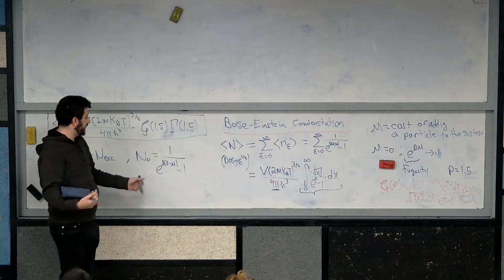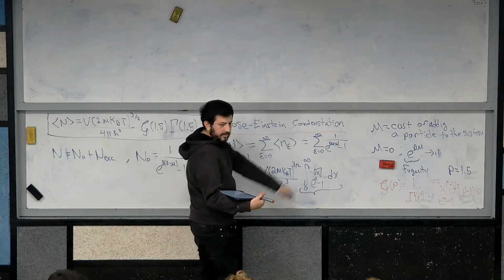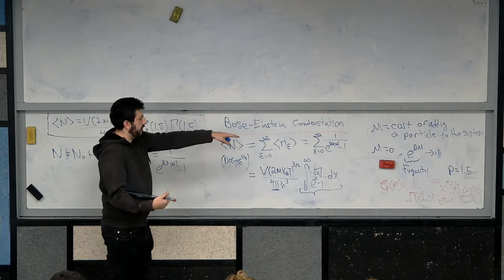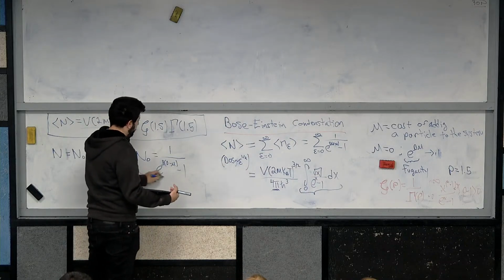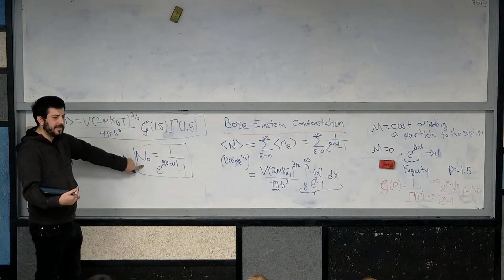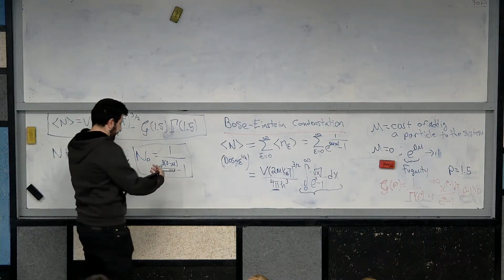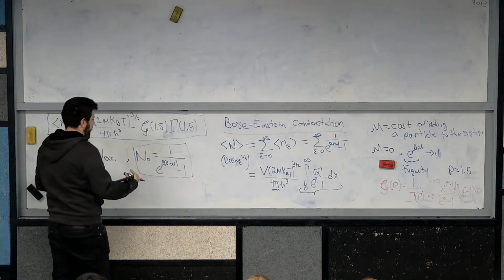So you were completely correct. If you see here, when we send mu to 0, sorry, and the fugacity to 1, then this number explodes. So now we understand what happened. All our particles went to this level. Okay? This is what is called Bose-Einstein condensation.